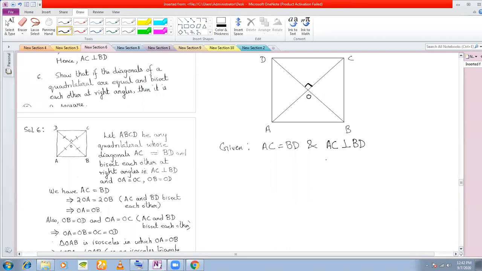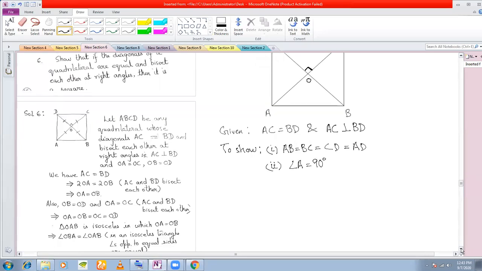So there are two things to show: that AB is equal to BC is equal to CD is equal to AD, and that any one angle, let us say angle A, is 90 degrees.